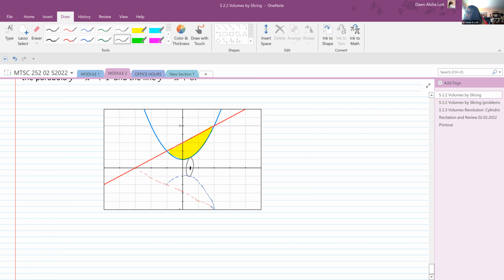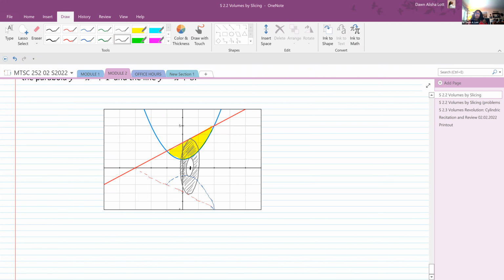And then I go to the curve above it and I go around like that. And there is my washer. I see it.